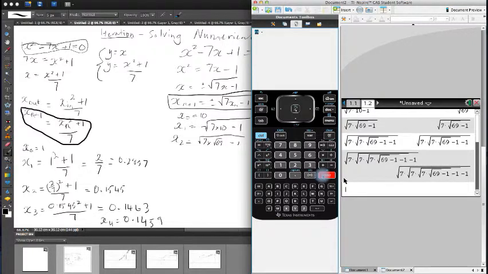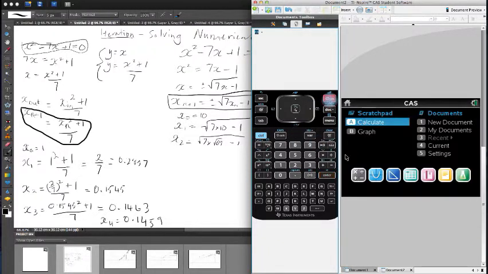Now you can see that these values are unhelpful for seeing whether or not this value is close to this value or not. To fix that, we need to put our calculator into approximation mode.